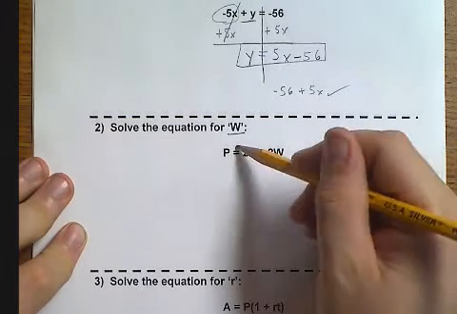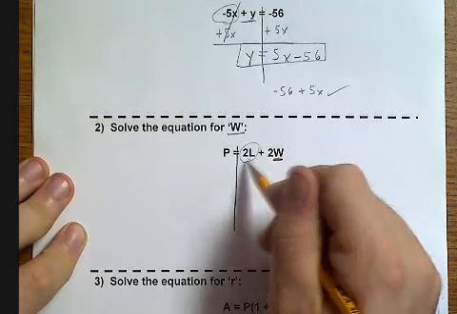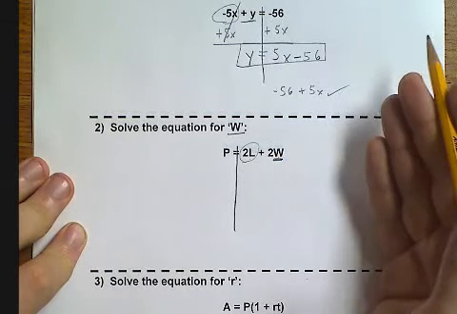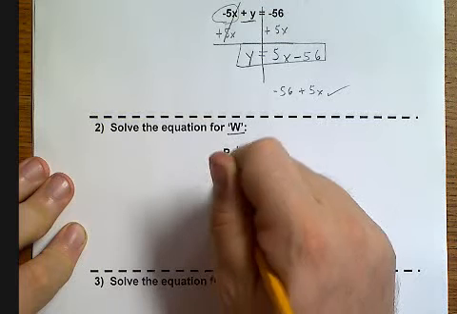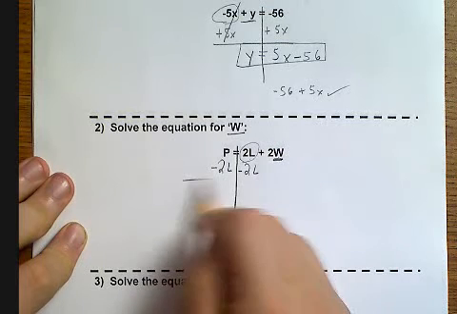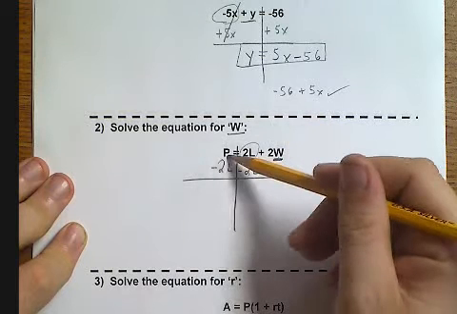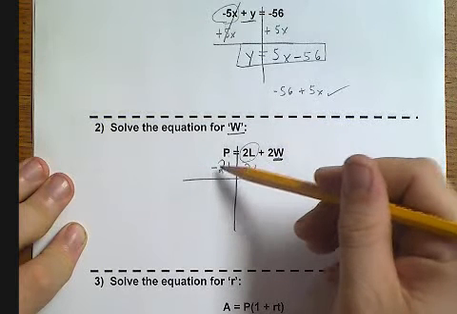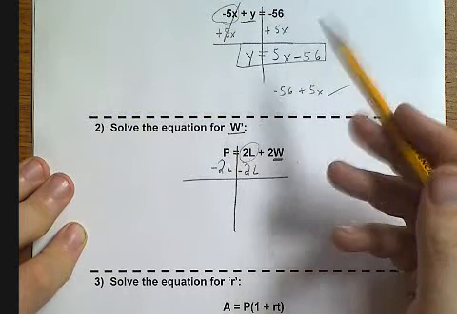Draw the line down the equals bar, and you'll notice that this 2L is something we want to get rid of. Well, I'm going to subtract 2L from both sides. That will eliminate it for me. Now, P and negative 2L, even though they both have a variable, the variable is not the same.